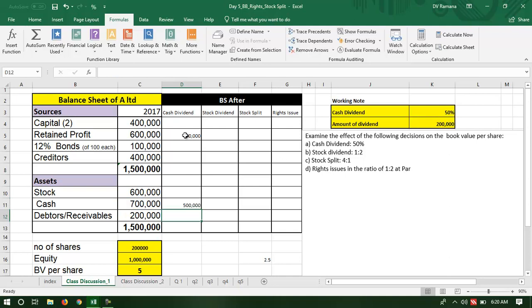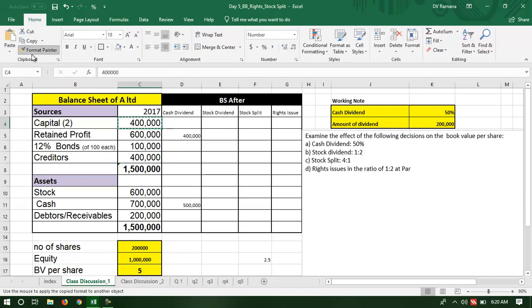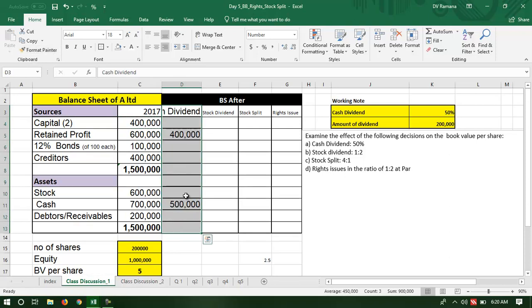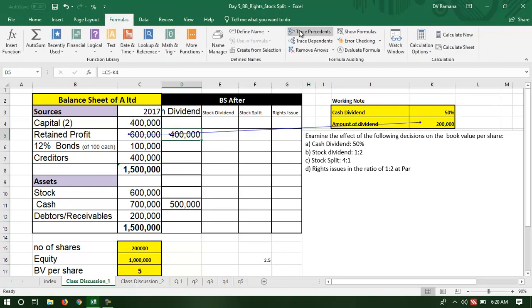So the impact of the decision of cash dividend is in the form of reduction of cash and reduction of retained profit. Reduction of cash by 200,000 and reduction of retained profit by 200,000.